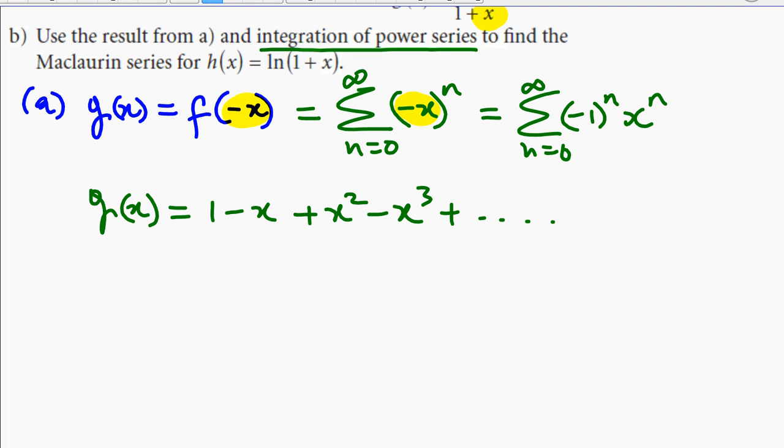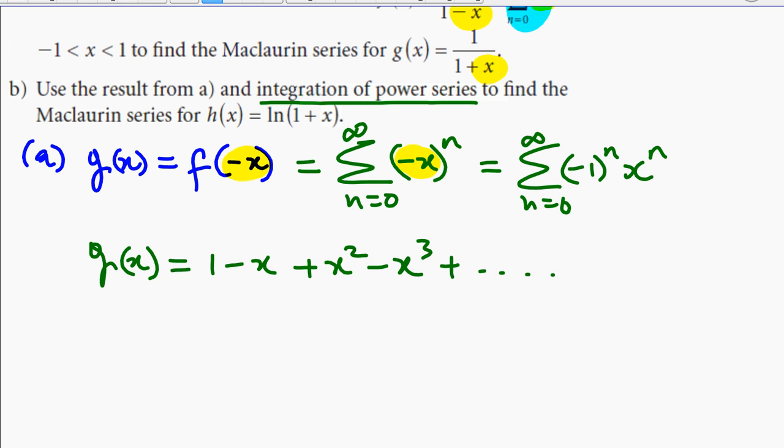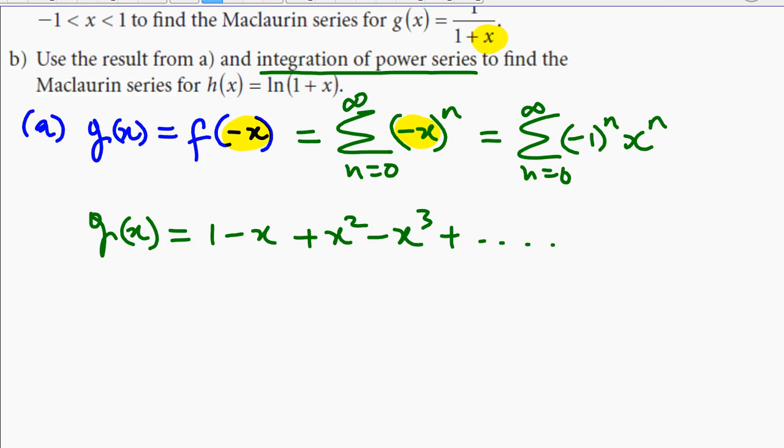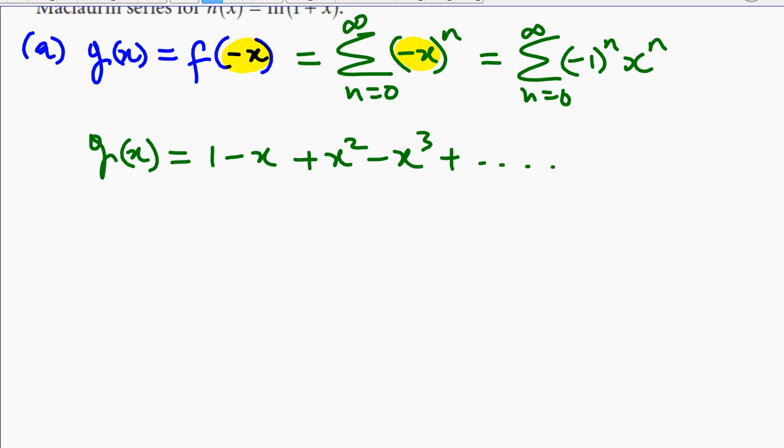Obviously, if you look at the relationship between g of x and h of x, we can notice that if you integrate g of x, then you end up with h of x. So part B, h of x is equal to the integral of g of x with respect to x.